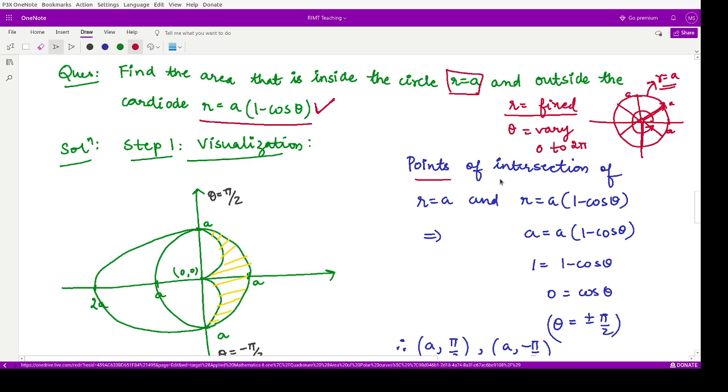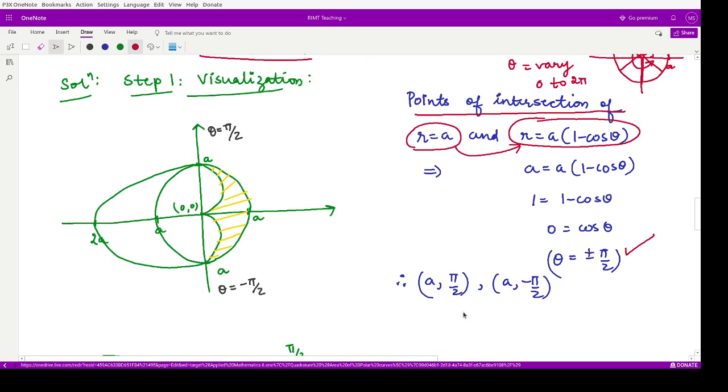So the points of intersection of the curve r is equal to a and r is equal to a into 1 minus cos theta are found when you substitute the value of r is equal to a here. For r is equal to a, you calculate the corresponding values of theta.